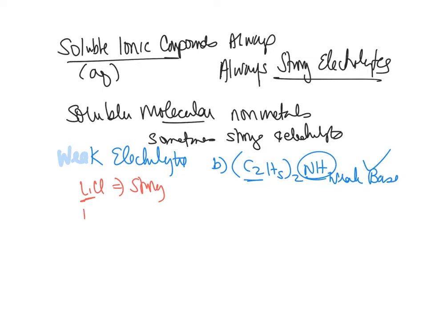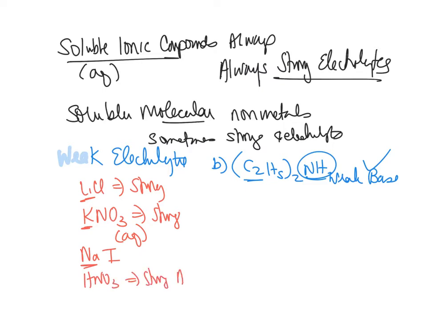Potassium nitrate is always going to be soluble, and that's strong. It has a potassium. Sodium iodide, it's going to be strong. Sodium is a metal. And then nitric acid is one of the 7 strong acids, and a strong acid means it's going to be a strong electrolyte.